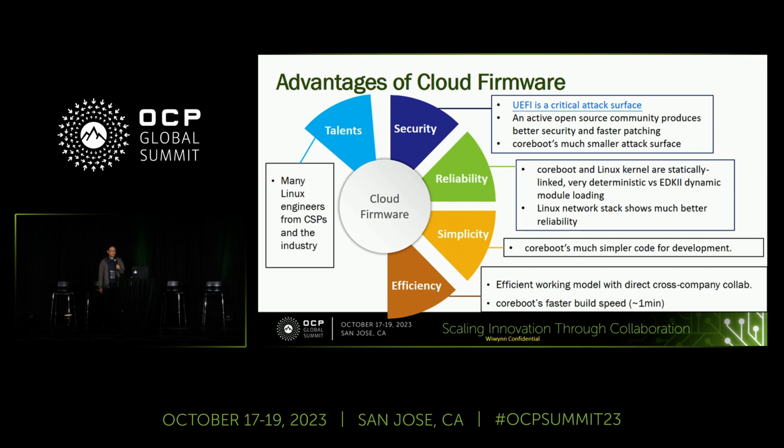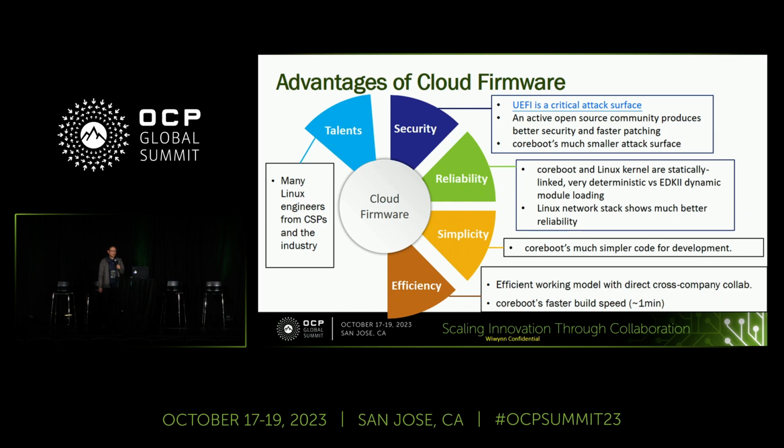So we can achieve better security from the benefit of an active open source community. And also with coreboot's much smaller attack surface, what coreboot is known for is a condensed code base, simple to develop.